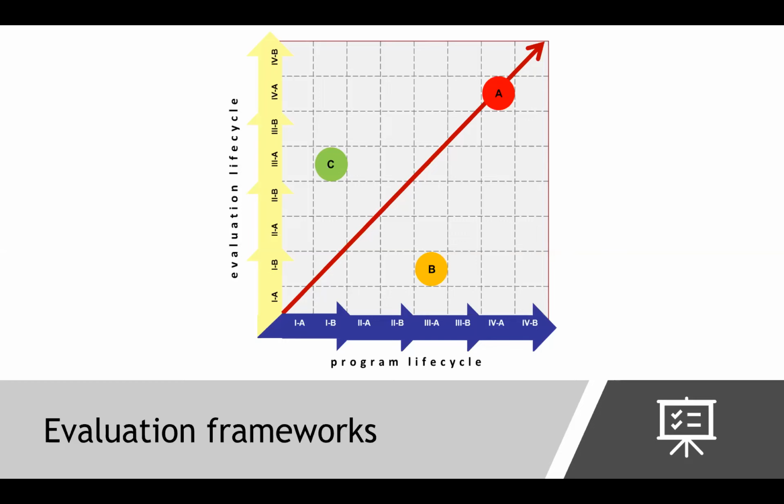Another way that you can fall into a case of misalignment is if you're above the red line, like with the case of the green circle C. Well, here, the program is still in its early initiation stages. Maybe it's the first year it's being offered. The way it's offered is still in flux.